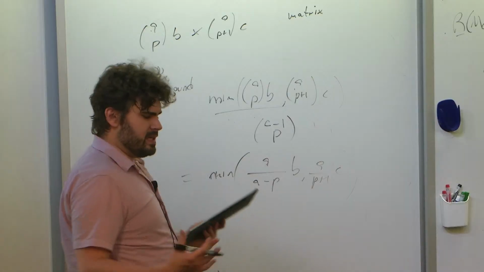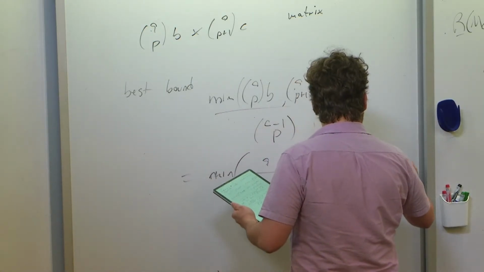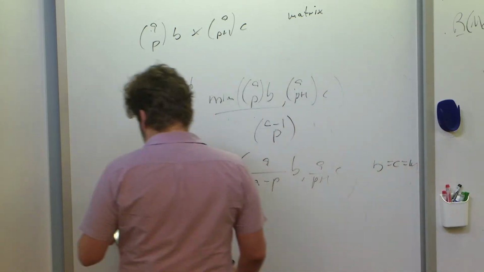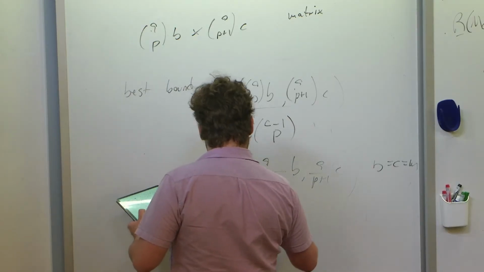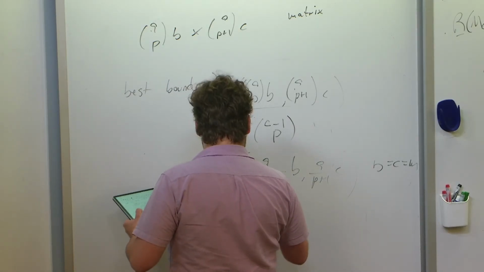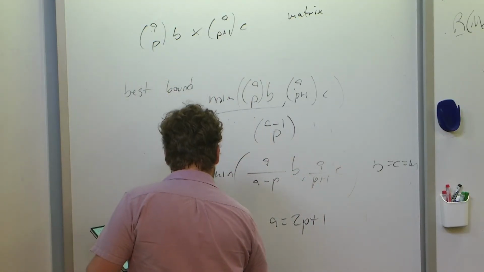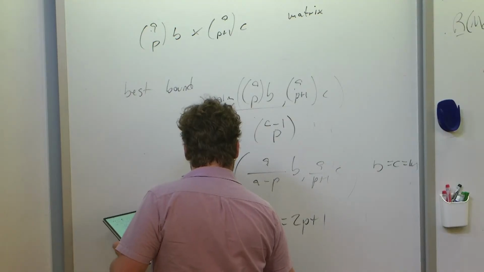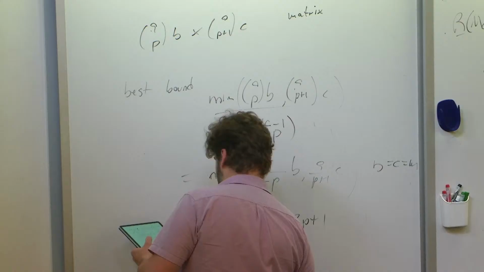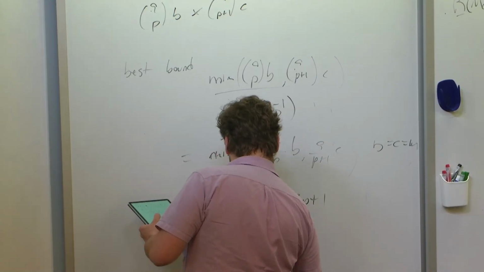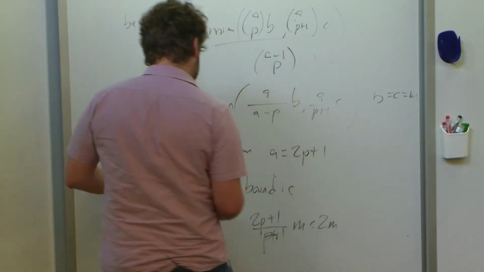And if we consider that we're trying to lower bound the border ranks of, say, square tensors, where in particular B equals C equals M, well, then this is best when A equals 2P plus 1, and the best bound is (2P plus 1) divided by (P plus 1), times M, which is less than or equal to 2M.